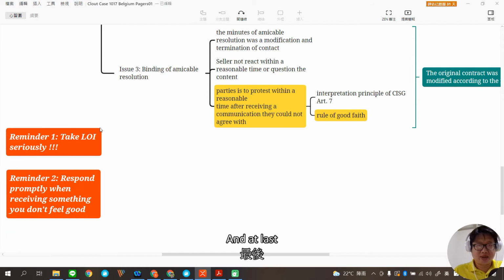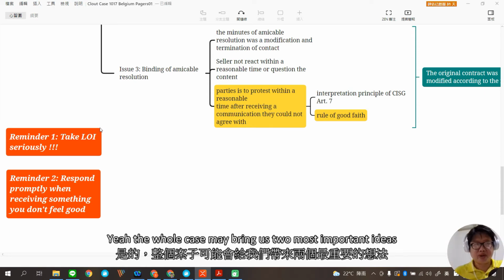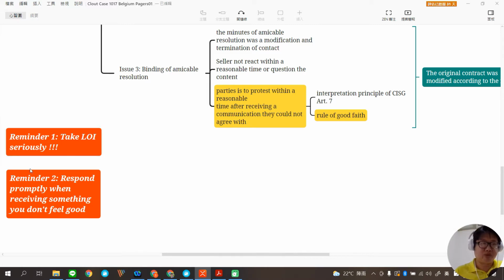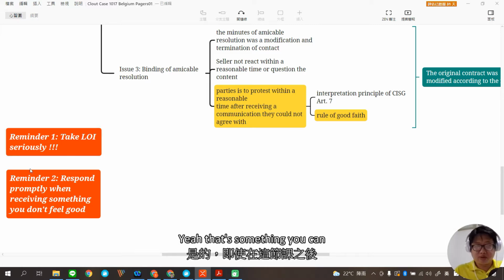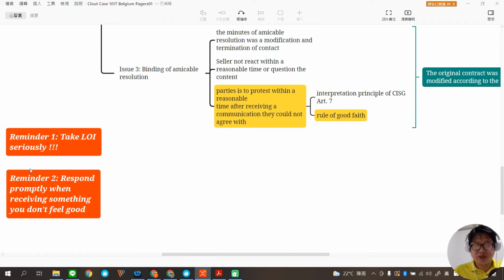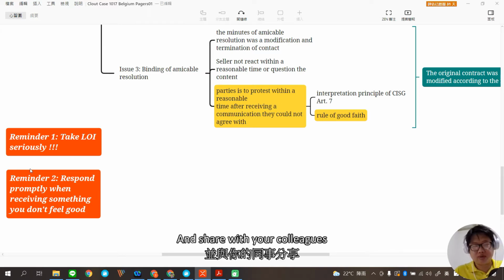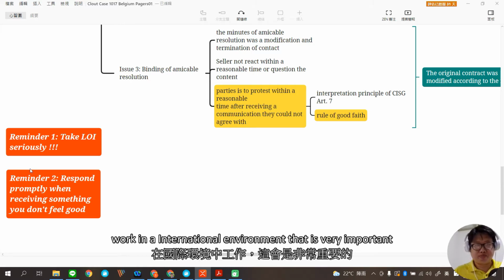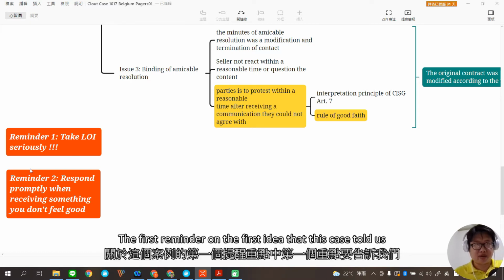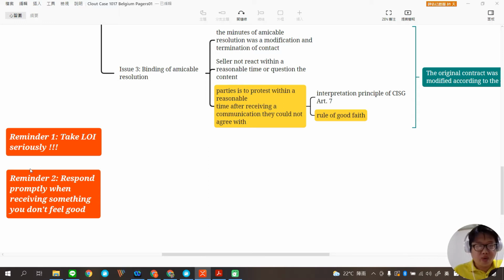And at last, the whole case may bring us two most important ideas. I put here the reminder. That's something you should always keep in mind even after this class, and share with your colleagues and your bosses when you work in an international environment. The first idea this case told us is to always take LOI seriously.